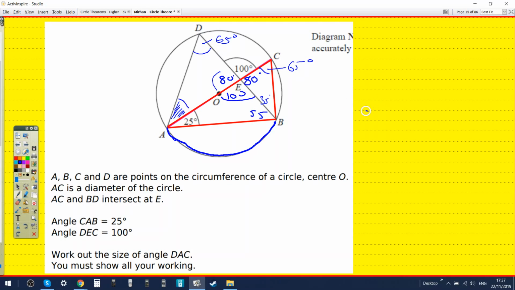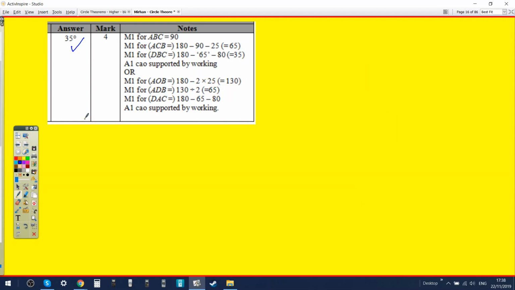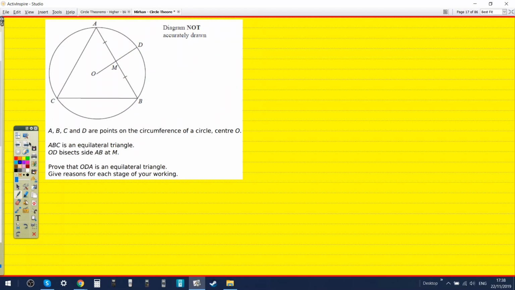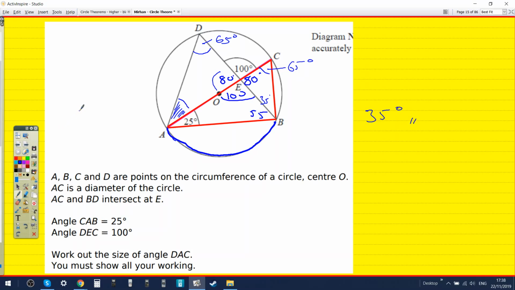And so that is 35 degrees. So again, maybe we didn't need the 100 on this side, or maybe we did, but just slowly but surely fill in the blanks and get to where you need to be. So that's 35 degrees. Any questions about that one? No? Okay.